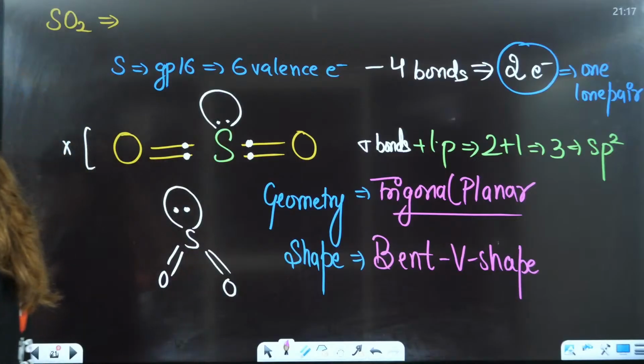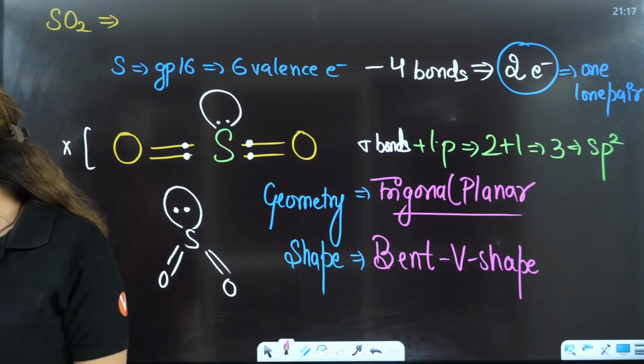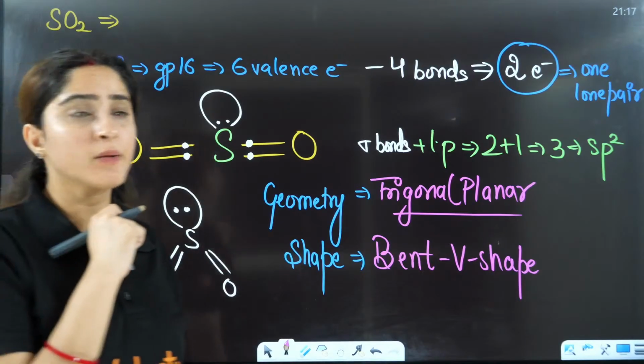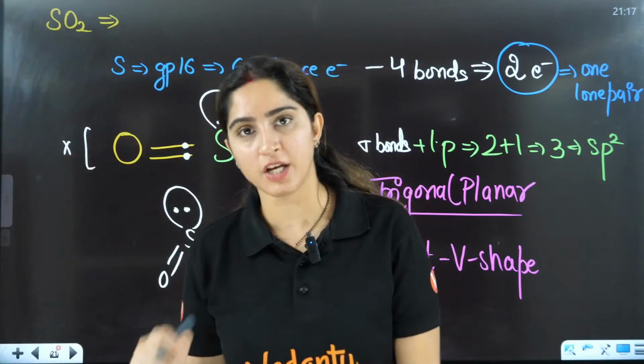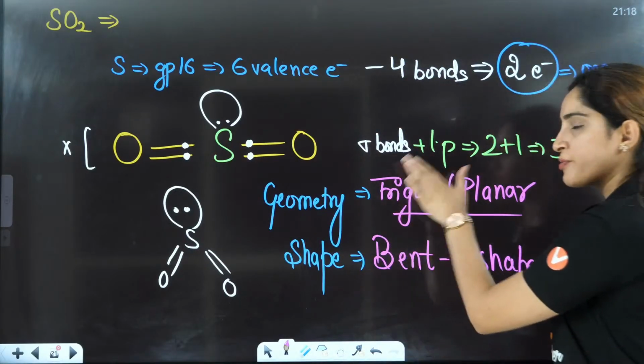Yes, bond pair electrons and lone pairs, and shape. Two bond pairs plus a lone pair is an angular shape, but there is some reason behind that. Firstly, you should know the geometry.